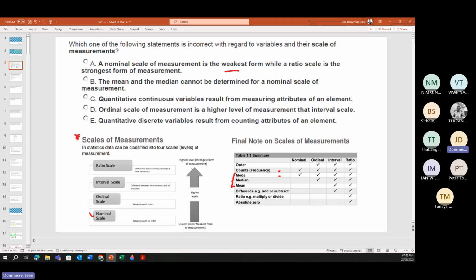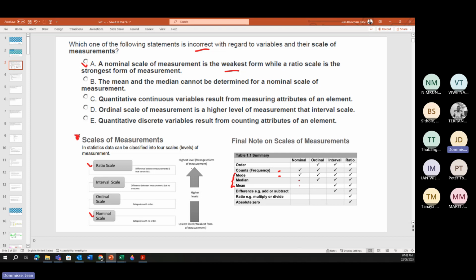Okay, so let's look at this question. So nominal scale weakest, ratio scale strongest. Okay, so that is cool. That one is correct, but we're looking for the incorrect one. The mean and median cannot be determined for a nominal scale.